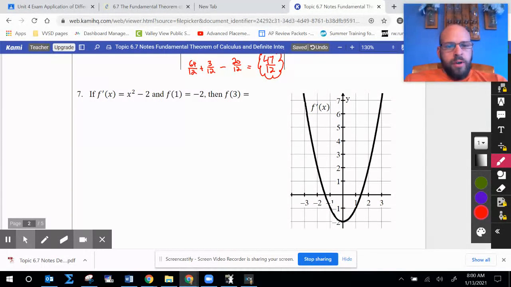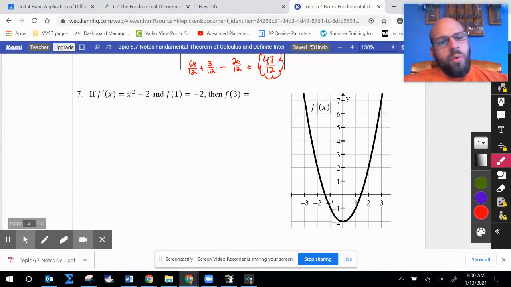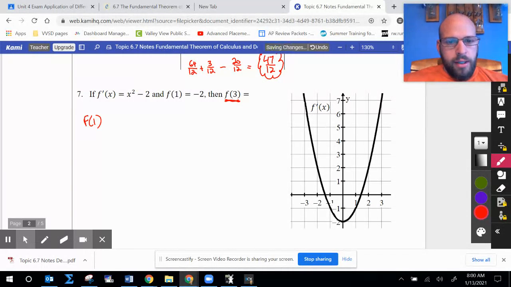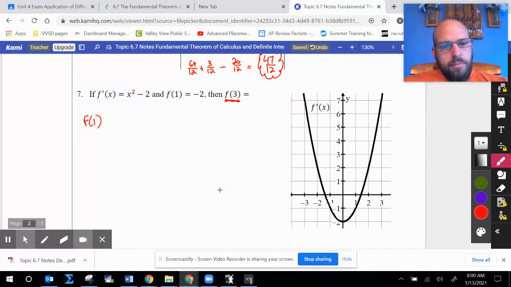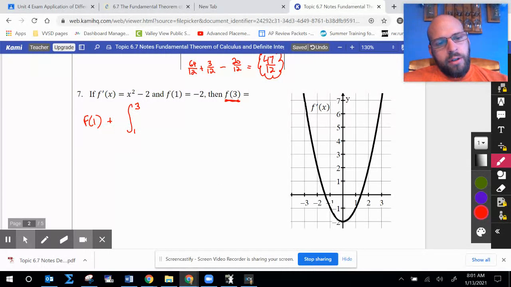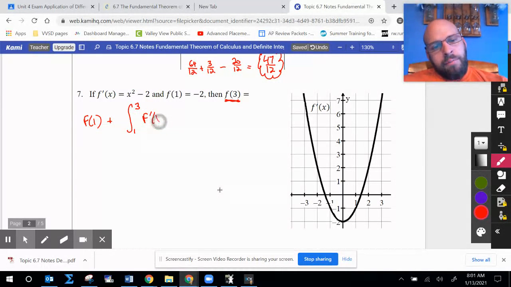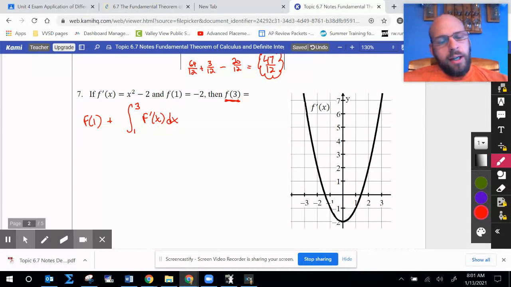So I give you the derivative, and f of 1 equals -2. Well, now in the last lesson or earlier, we had discussed, if I want to find f of 3, I want to pay very special attention to how I set this up. I'm going to take f of 1, plus the integral from 1 to 3 of f prime of x dx.